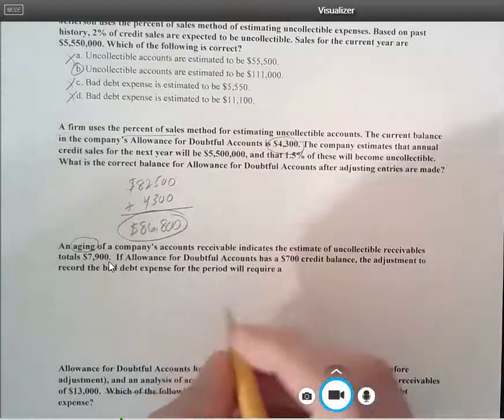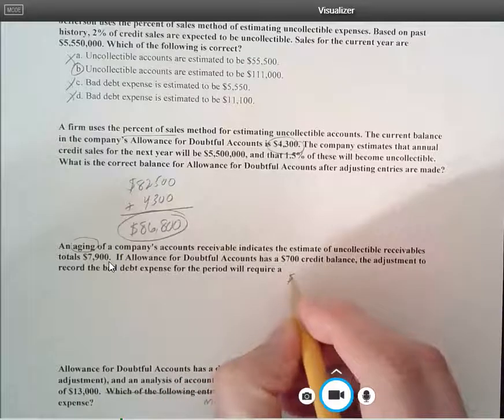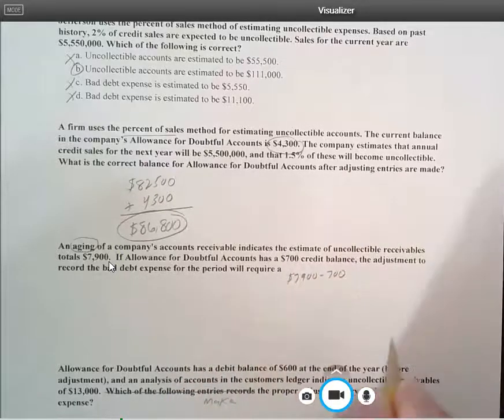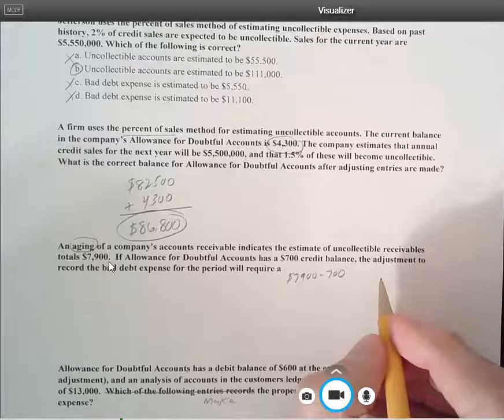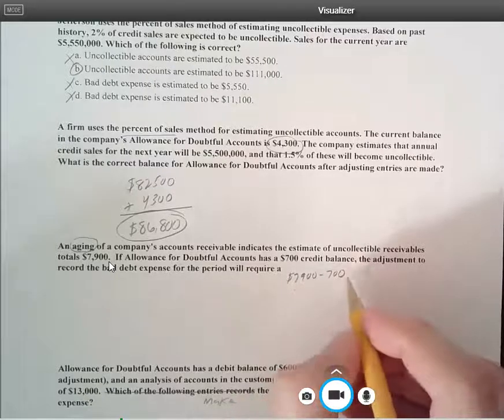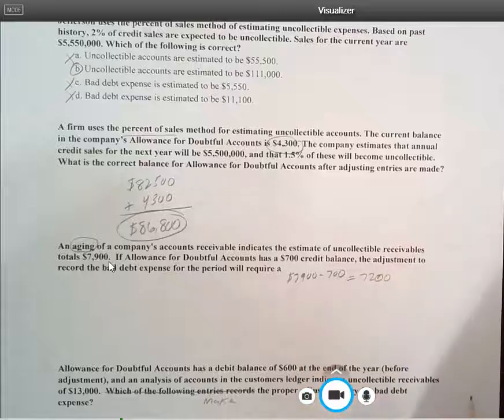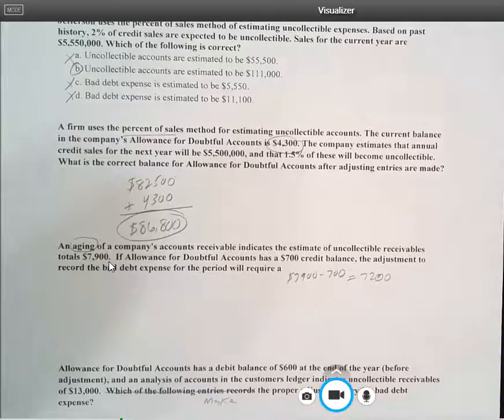I'm going to go through this, even though I think you can do this in your head. We're going to subtract that $700 out of the $7,900, and that's going to give us $7,200. Okay, so let's think about this.